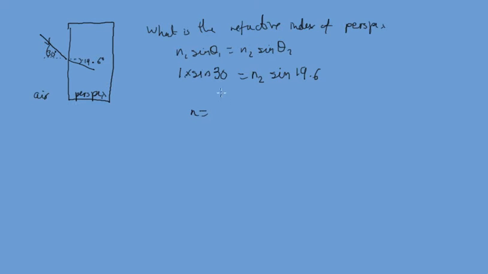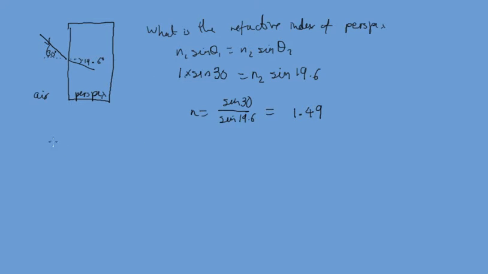So n2 will be sine 30 over sine 19.6, which gives us 1.49. Now, the more dense a medium, the higher the refractive index of that medium will be.